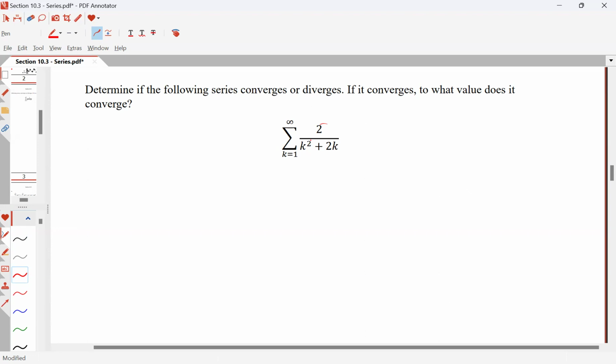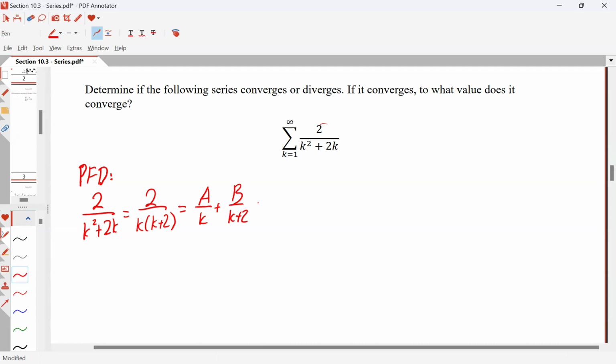Basically, this is a sequence where we can use partial fraction decomposition on 2 over k squared plus 2k, which is equal to 2 over k times k plus 2, which is equal to a over k plus b over k plus 2.